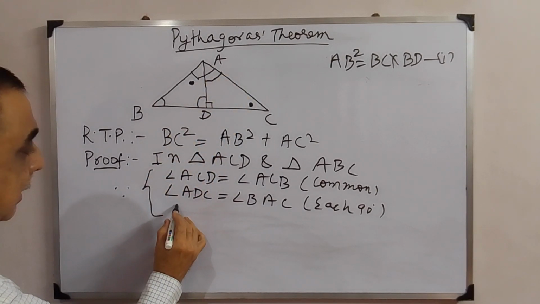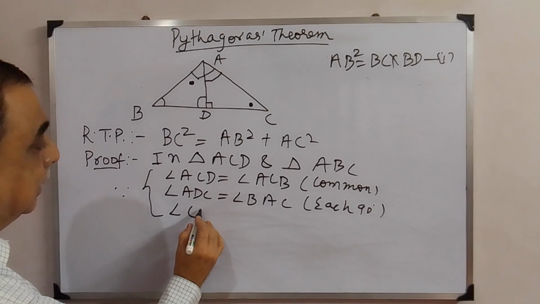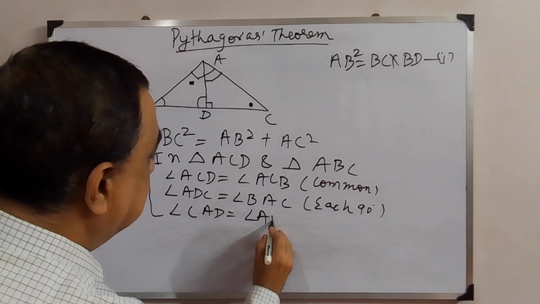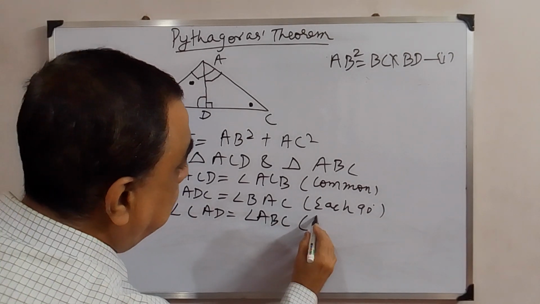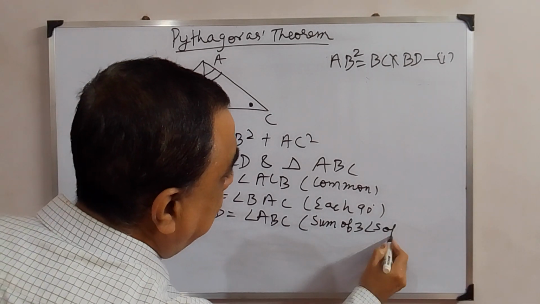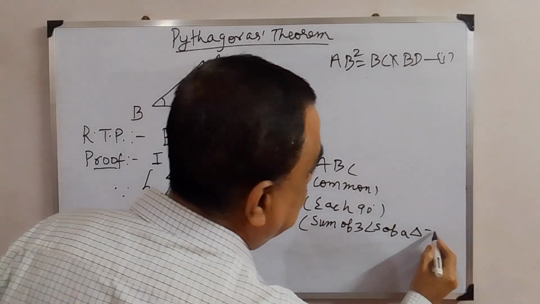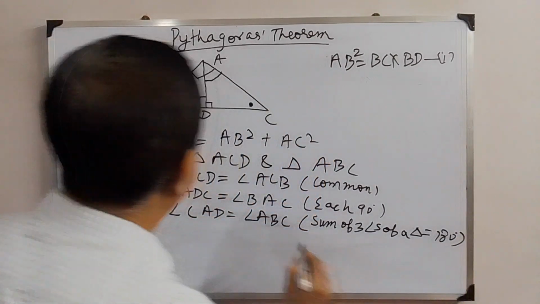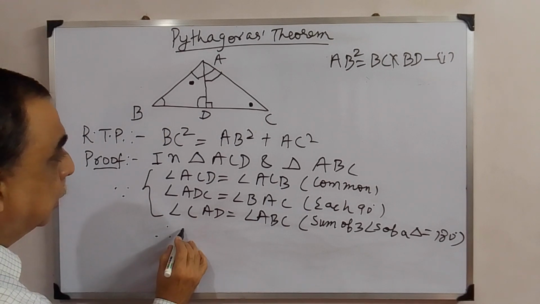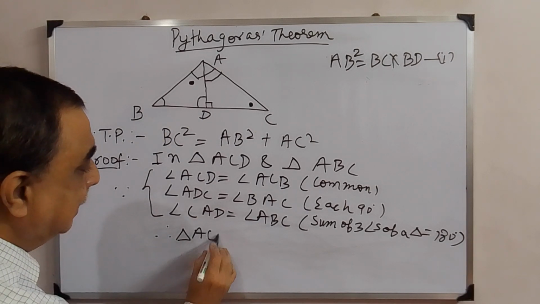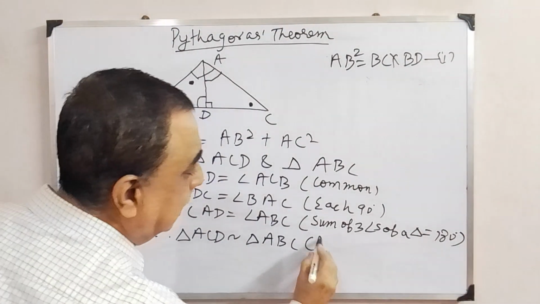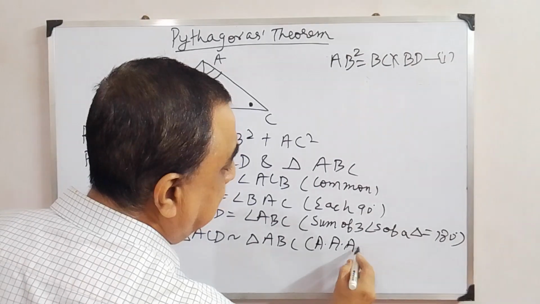Therefore angle CAD is equal to angle ABC, because the sum of three angles of a triangle is equal to 180 degrees. So the three angles of these two triangles are equal, so the triangles are similar. Therefore triangle ACD is similar to triangle ABC, for the same reason, angle similarity.